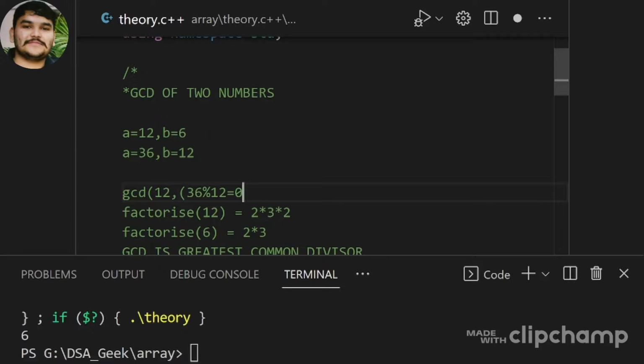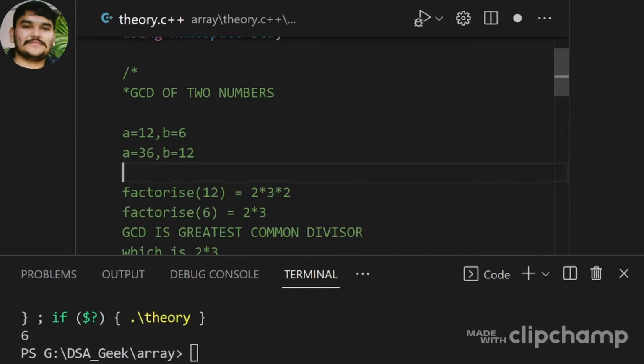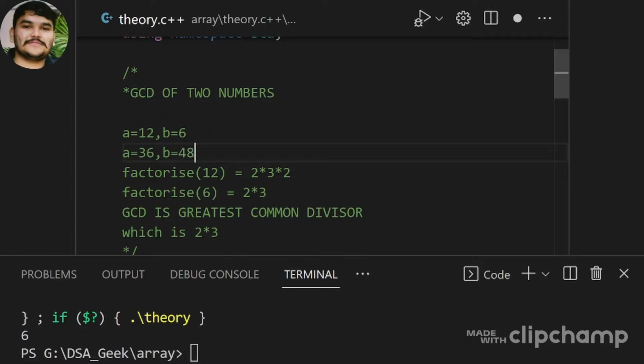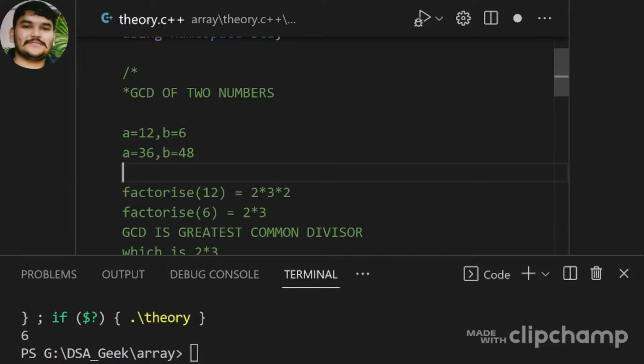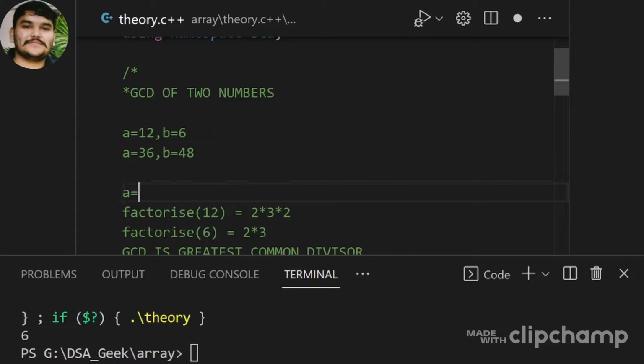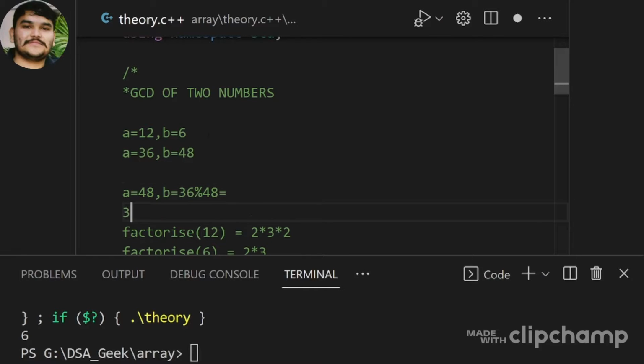Let's take another example, 48. If A is 36 and B is 48, then 36 mod 48 does not give remainder 0, it gives remainder 36, because it is smaller than that number.